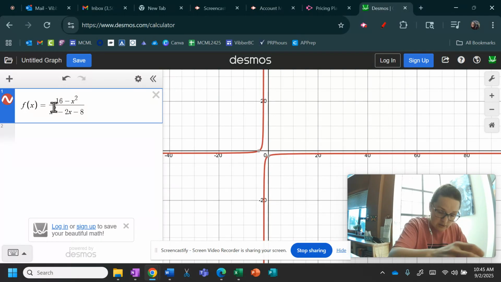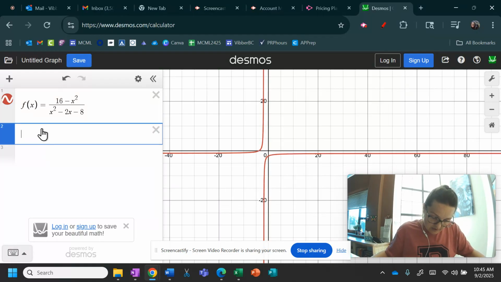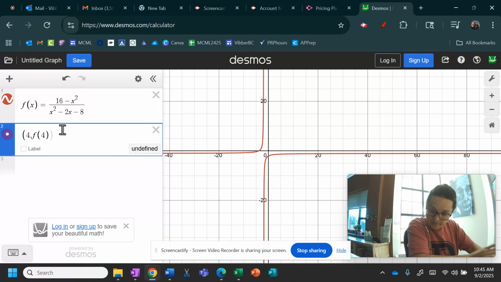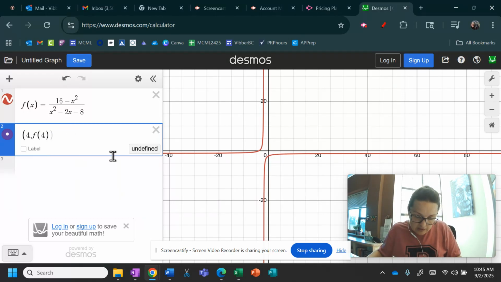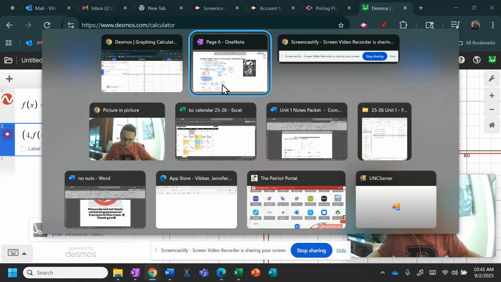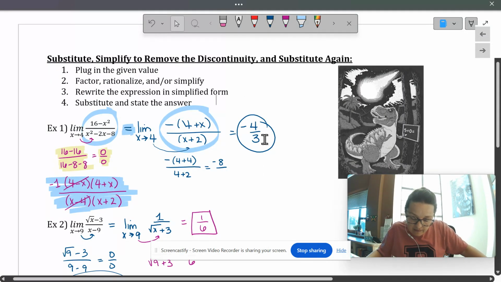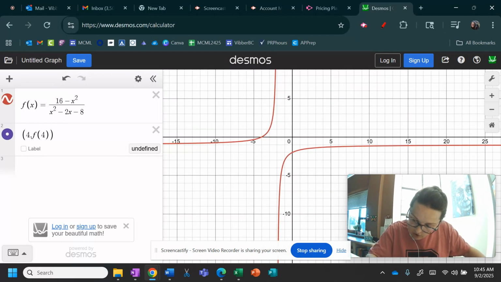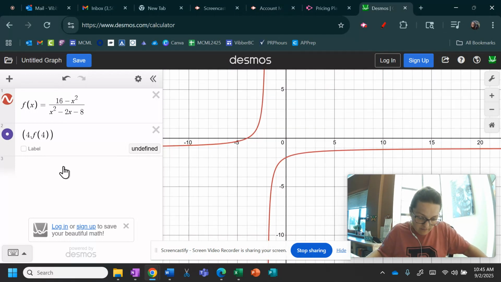And we were trying to deal with that as x approaches 4.